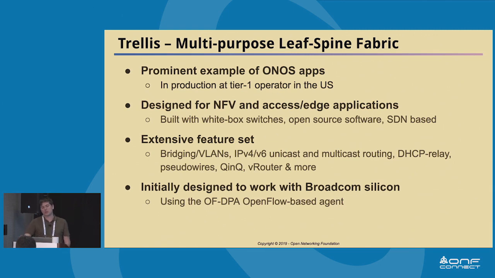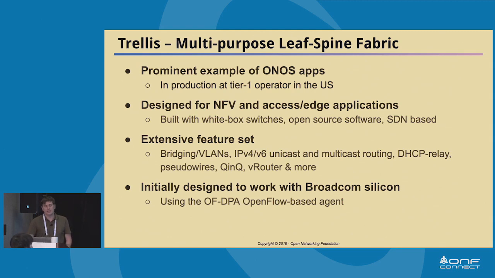The only difference with a traditional fabric is that this is all open source. It's based on white box switches. It was originally designed to work with Broadcom silicon, like Tomahawk, Trident, using the OF-DPA switch agent. It's based on open source software like ONOS, and the Trellis apps themselves are open source as well.